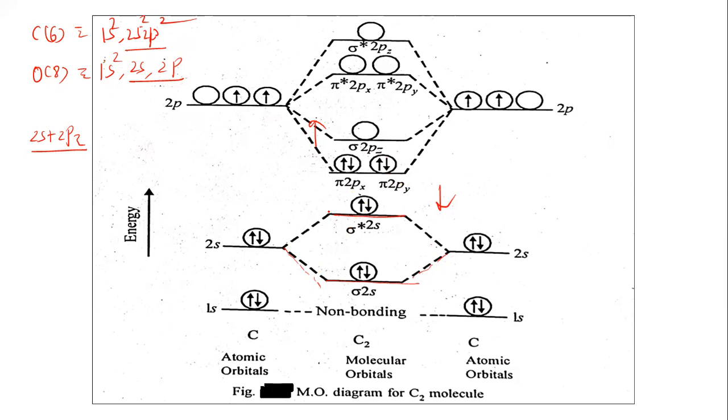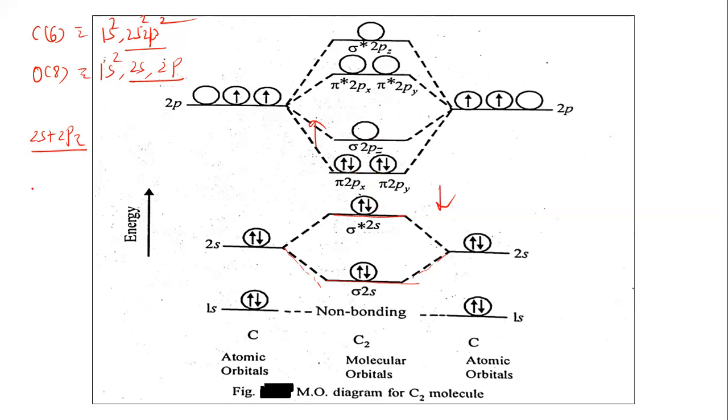So, in the carbon molecule, as we know, there are a total of 12 electrons. These 4 electrons are non-bonding. So, 8 electrons we have to distribute in the various molecular orbitals. Sigma 2s has 2 plus this 2, 4. Now, the remaining 4 electrons go into the pi 2px and pi 2py, pi bonding molecular orbitals.